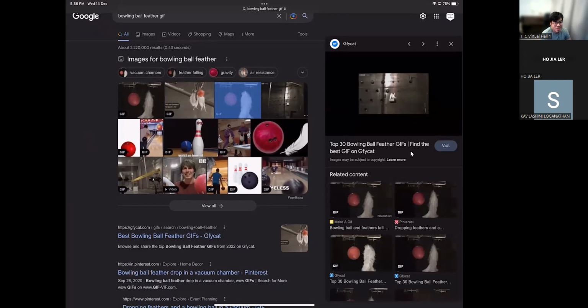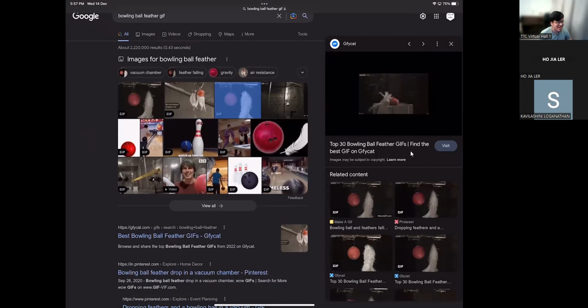Can you see? They even slow down the motion for you. The bowling ball and the feather drop at the same speed to the ground. You see, laws of physics still apply, right? If there's no air resistance, you go through the same gravitational acceleration, so you reach the ground at the same time.